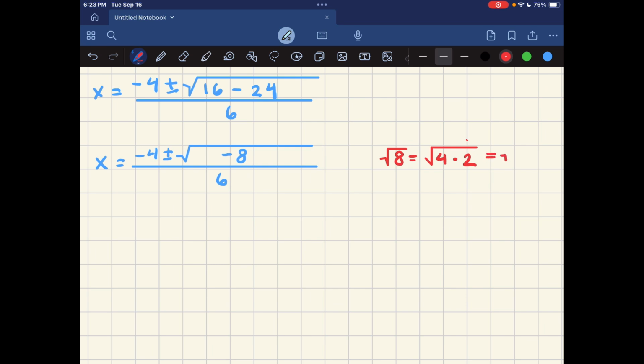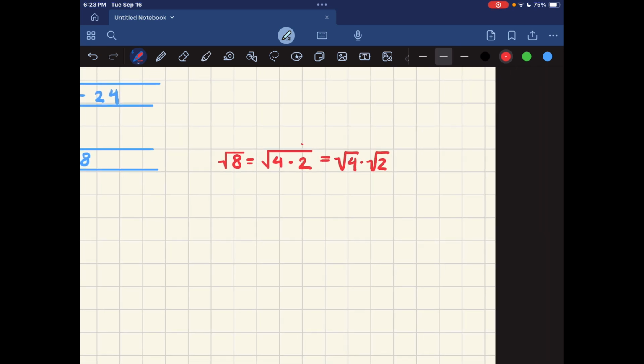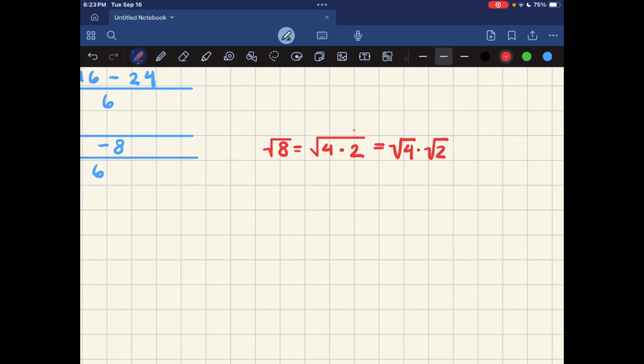When you separate these, the square root of 4 is 2, so it's going to be 2, and then the square root of 2. And then we add i, the imaginary i, because this was a negative, and a negative number under the square root goes to i.